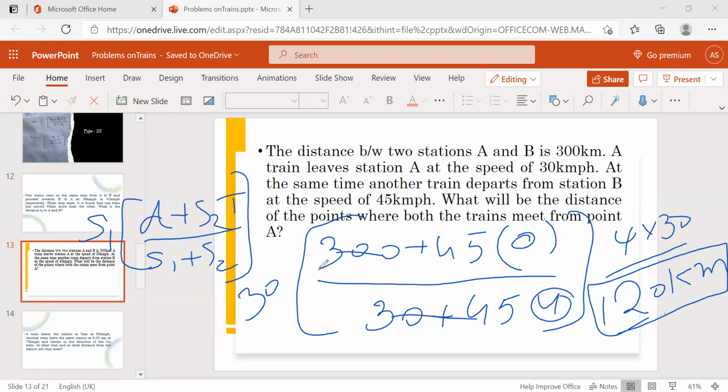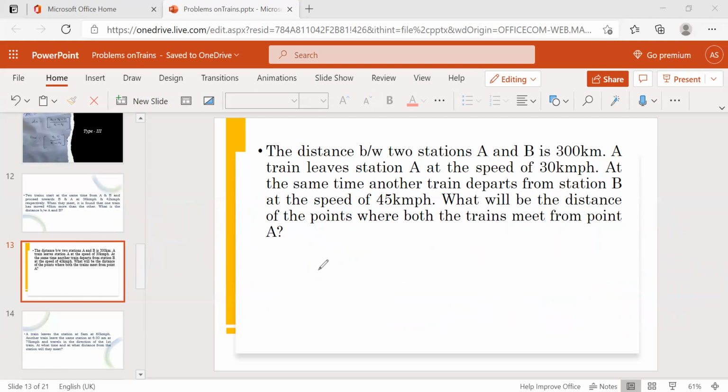If they ask for the point B, then just simply reverse. So 300 minus 120 is nothing but 180. This is the distance. If they also ask for time in the same question, what's the formula?